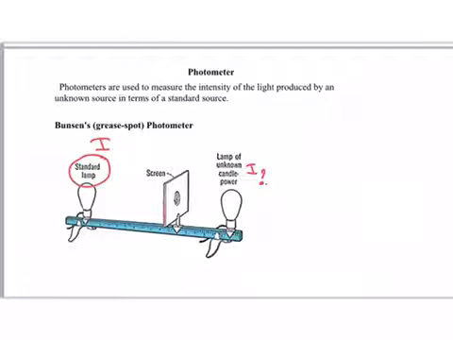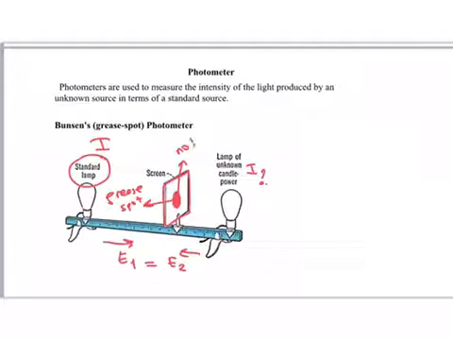We put a screen here, it is translucent, and there's a grease spot here. If the illumination on both sides are equal, then I couldn't see the grease spot at the screen.